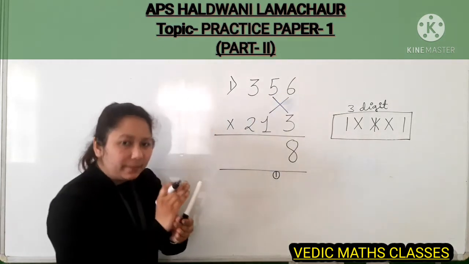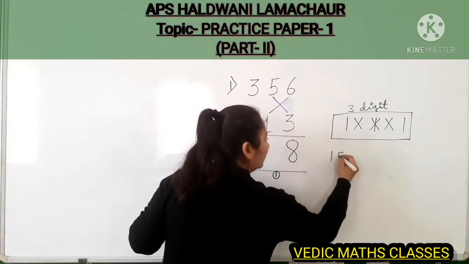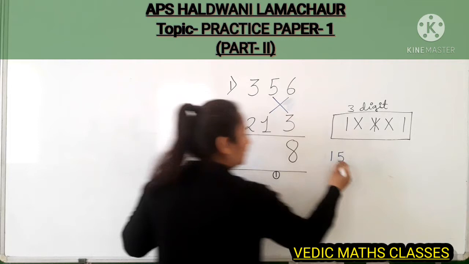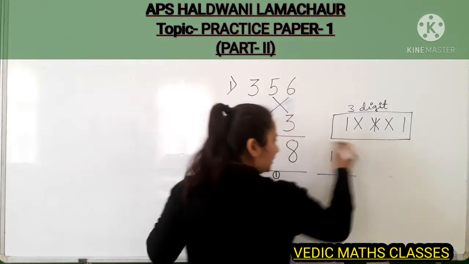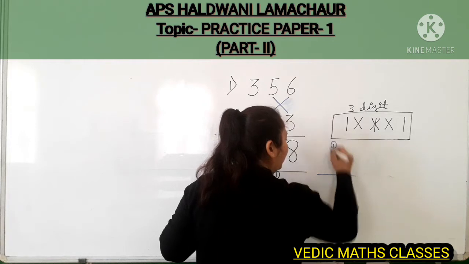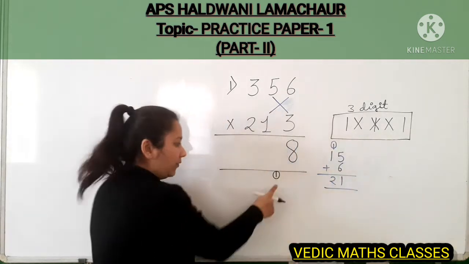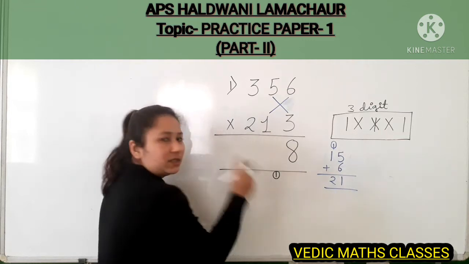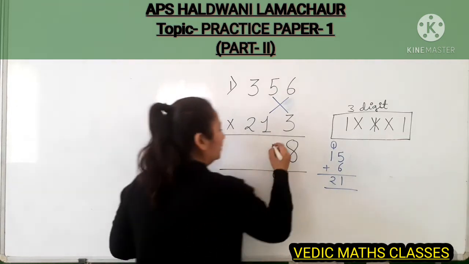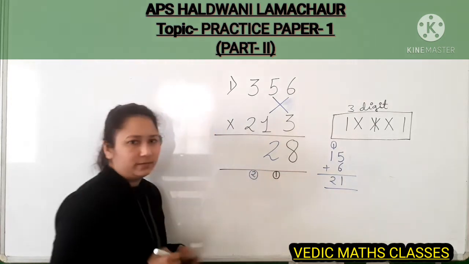See, multiply them and add them. 5 3s are 15, 6 1s are 6. Add them. 6 plus 5, 11. 1 here, 1 will go carry. 1 plus 1, 2. So, it's 21. And 1 was carrying. So, 21 plus 1, 22. 2 here, 2 will go carry.